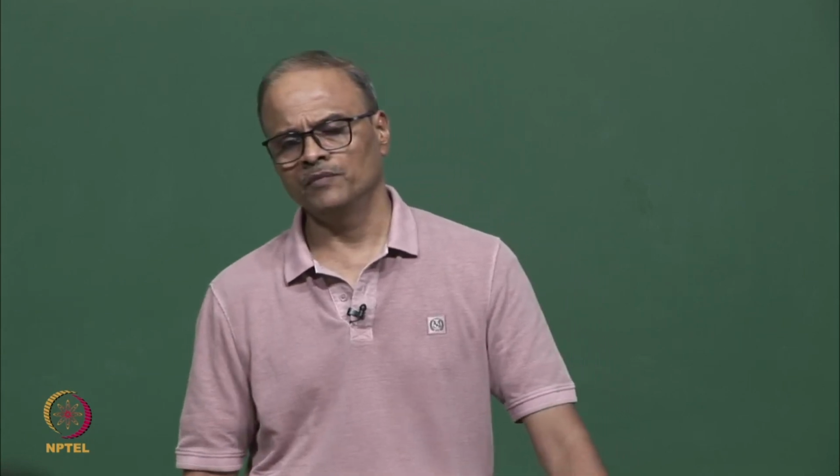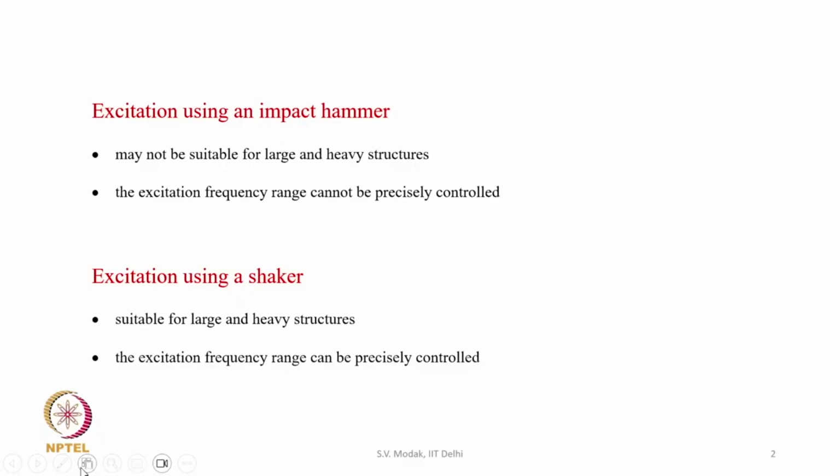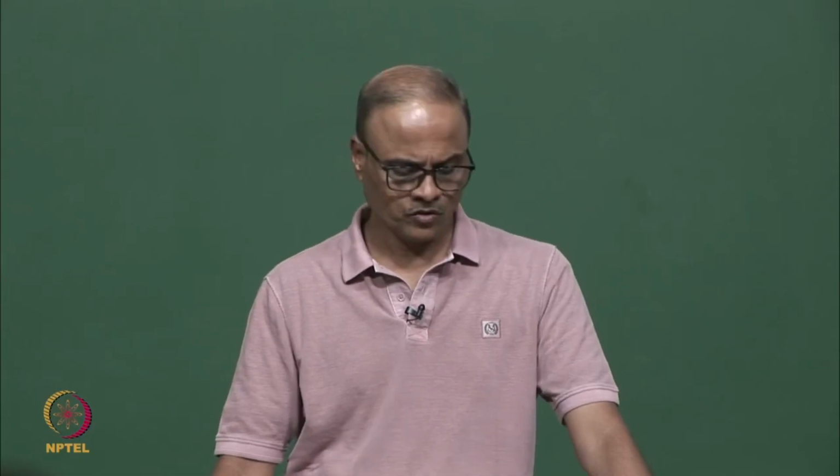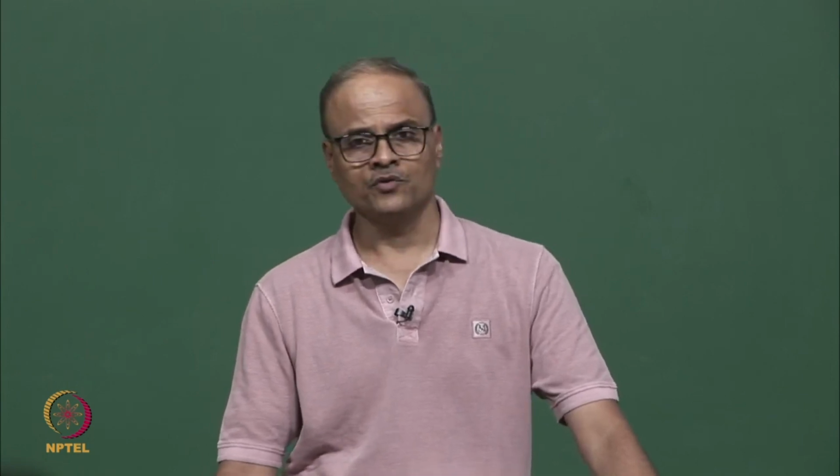Also, the excitation frequency range depends on the kind of excitation signal used to drive the vibration shaker, and as we will see, we will use a signal generator to generate a signal of a specific type with certain frequency domain characteristics, and by choosing the signal properly we can tailor the frequency range of excitation. So this is another important advantage of using a shaker.